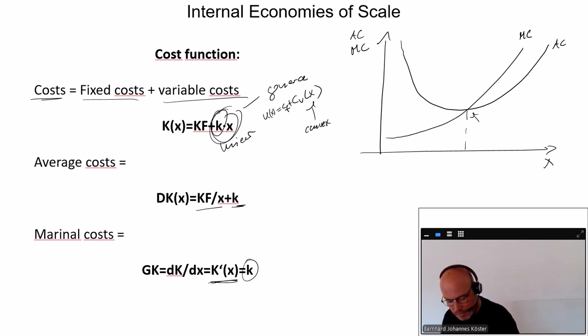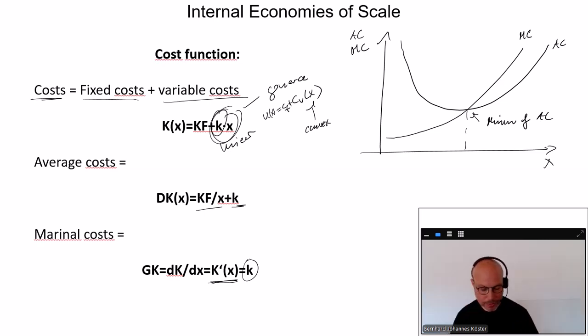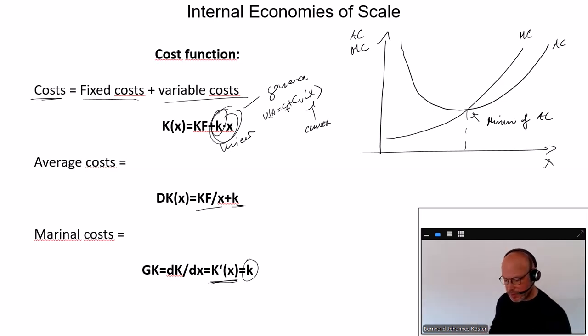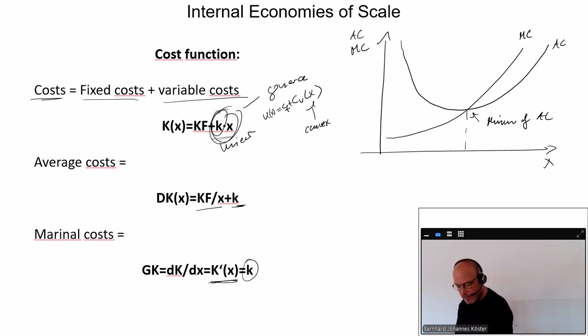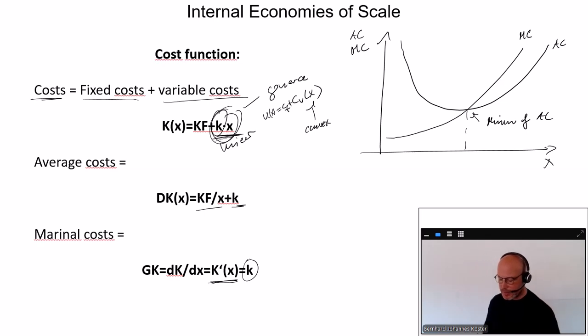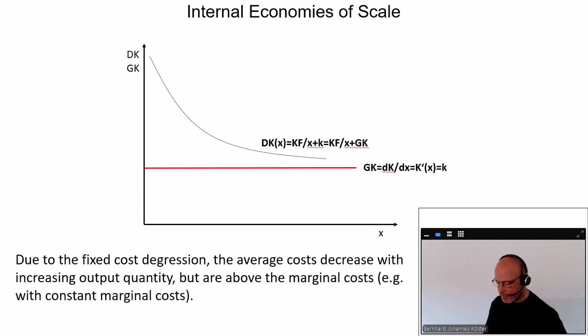And this is the minimum of average cost. Do you remember this? This you should have seen also in 2 or 3 other lectures. And yes, great. Okay, so this just as a recapitulation and a little bit easier since we just assume here a linear function.